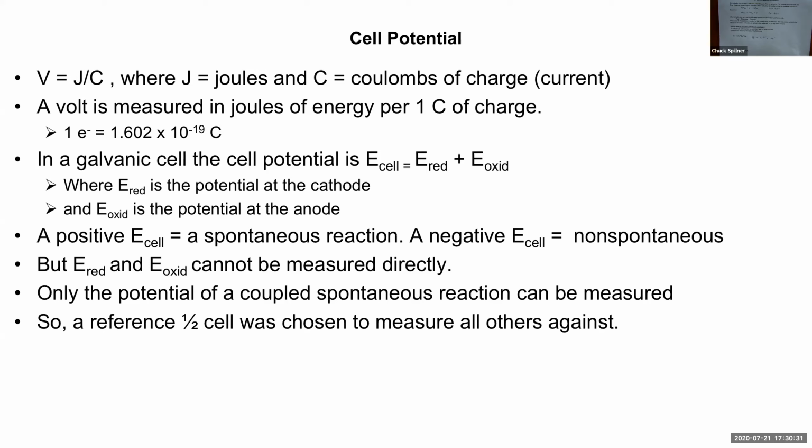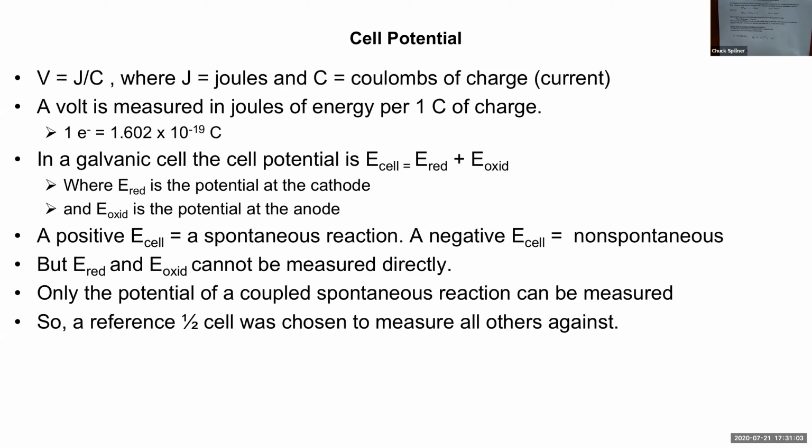So in a galvanic cell, the cell potential, which is in volts, is given here. E cell equals the potential of the reduction half reaction plus the potential of the oxidation reaction, where the reduction potential occurs at the cathode and the oxidation potential occurs at the anode.